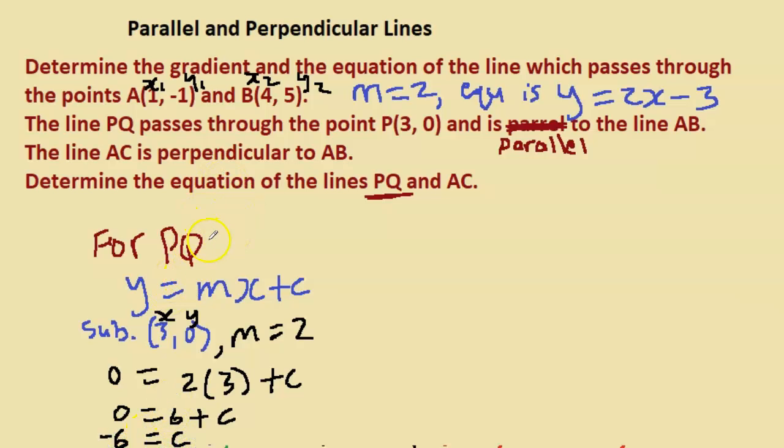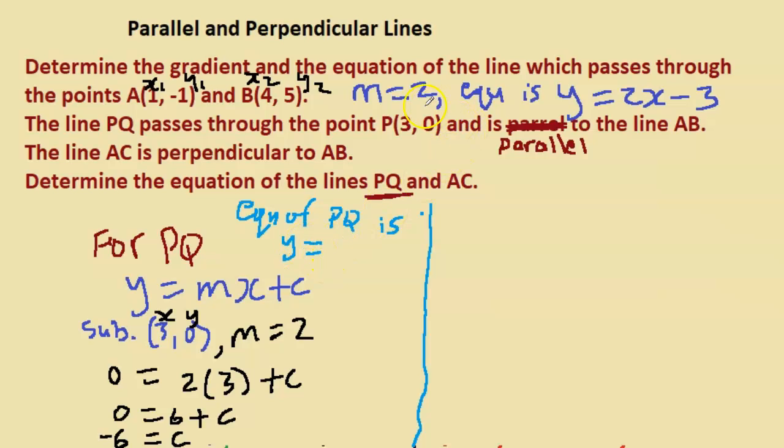So therefore, the equation of PQ, let me put it up here. Equation of PQ is y equal to mx plus c, and what is m?